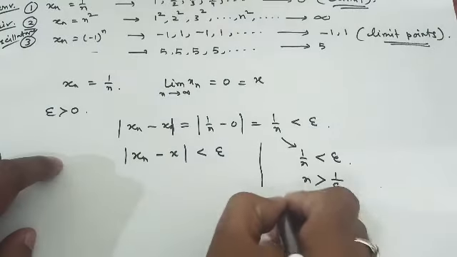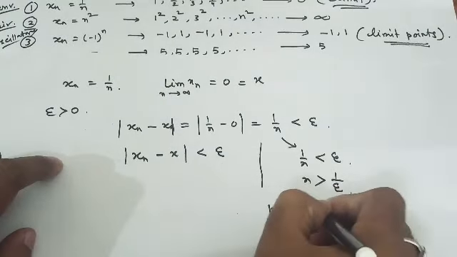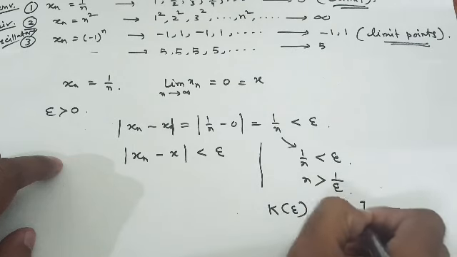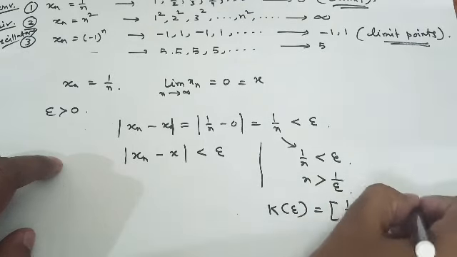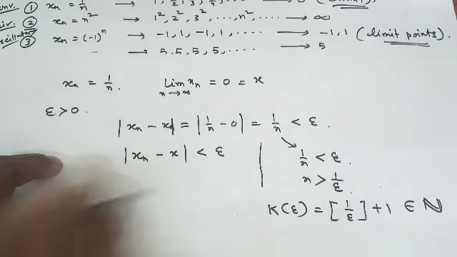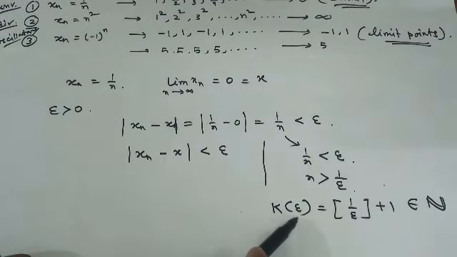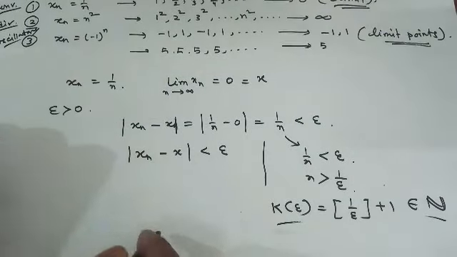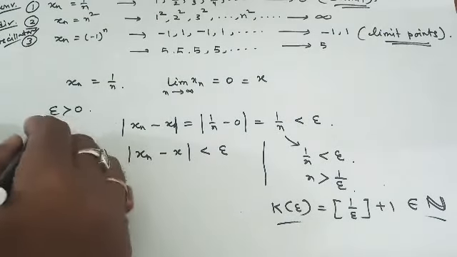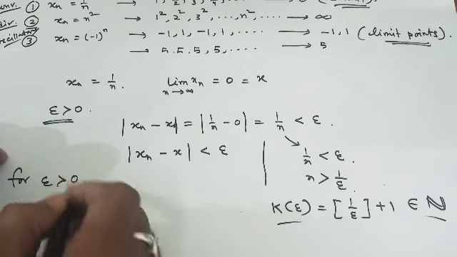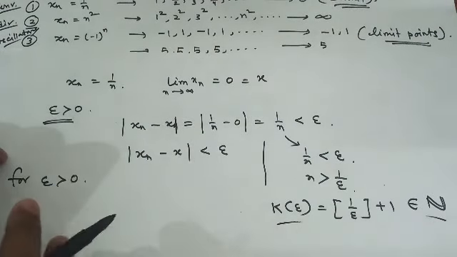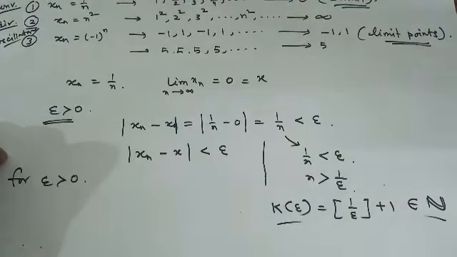So if we set our k epsilon as the floor function of 1 by epsilon plus 1, then surely it will be in the set of natural numbers. Fine. Look at this, k epsilon totally depends on epsilon as well as it belongs to N. So this is our basic formation, that is for epsilon greater than 0, we don't know what epsilon is, but it is known that it is a very small quantity.